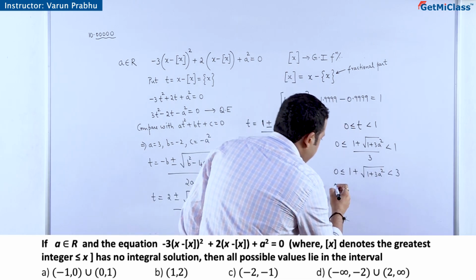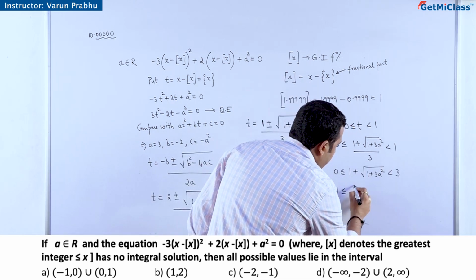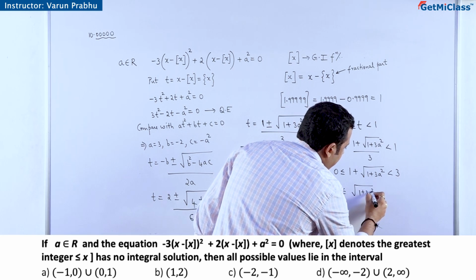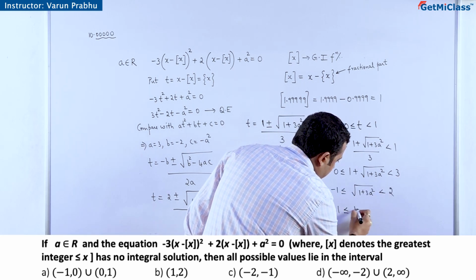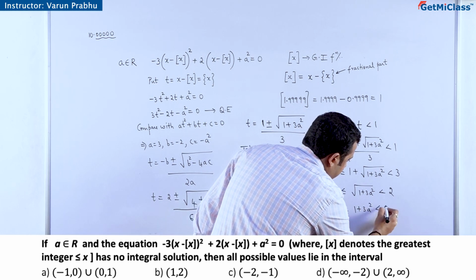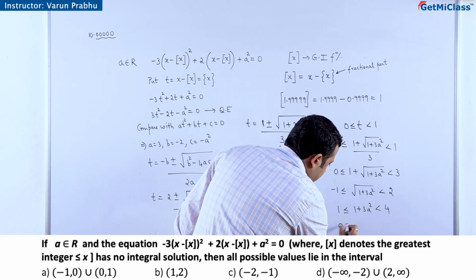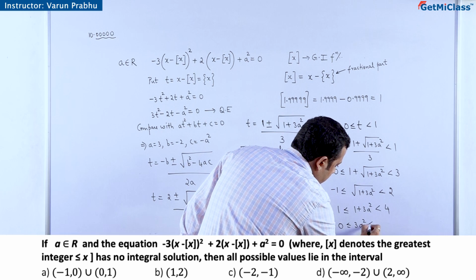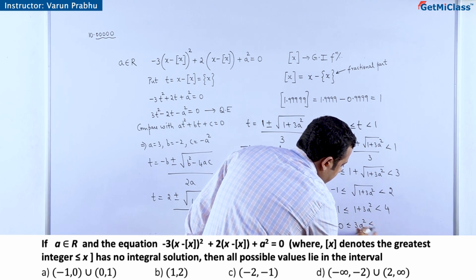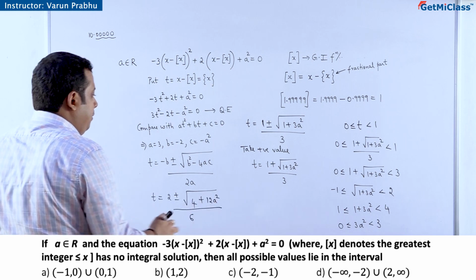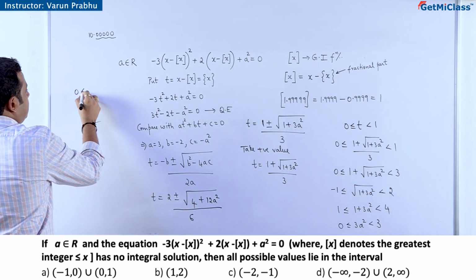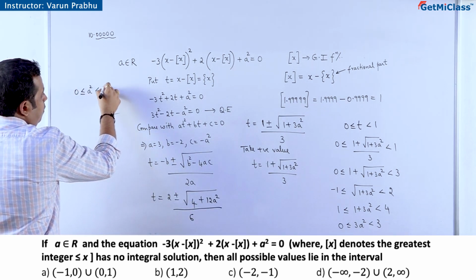So I can write minus 1 less than or equal to root of 1 plus 3a square less than 2. So 1 less than or equal to 1 plus 3a square less than 4. So I can write 0 less than or equal to 3a square less than 3. So if you can see here carefully, this part will be 0 less than or equal to a square less than 1, right?